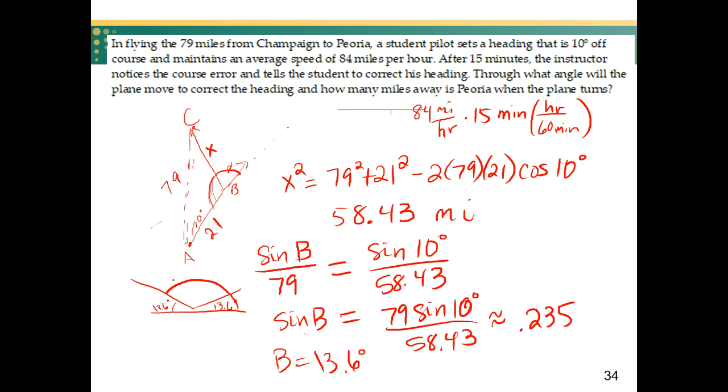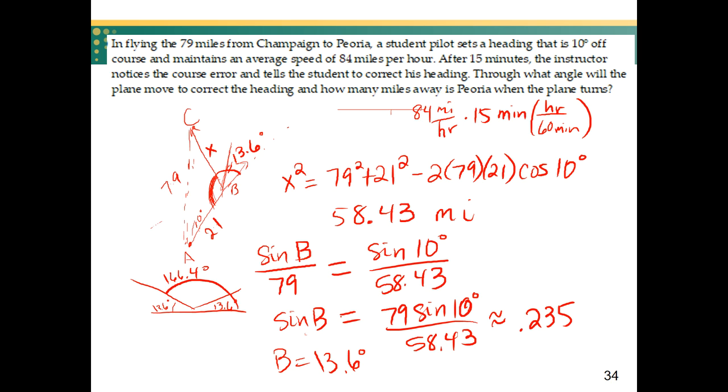This all goes to 166.4 degrees. Okay, so this one is 166.4, leaving this part over here because they add up to 180, and that's how we found the 166.4, by subtracting 13.6 from 180.